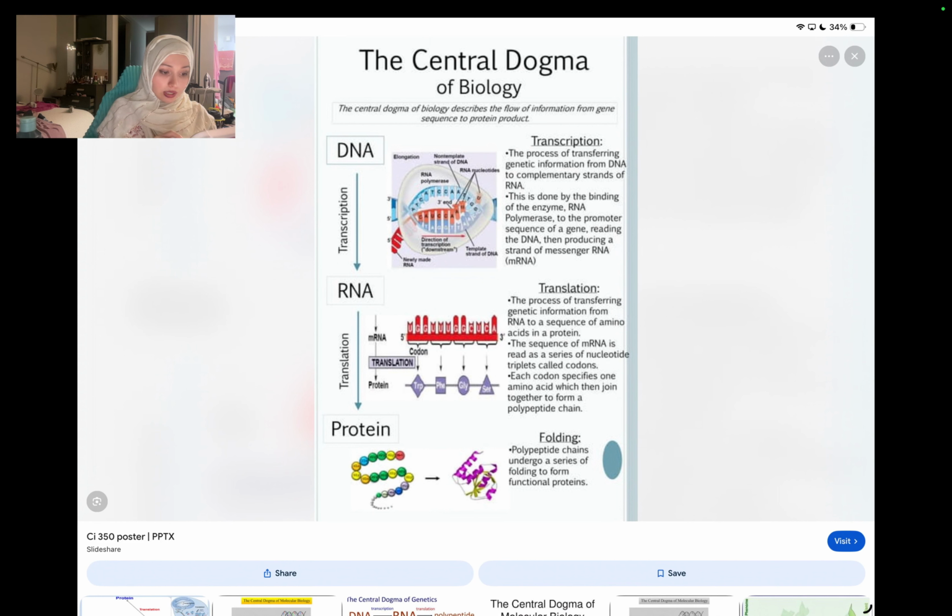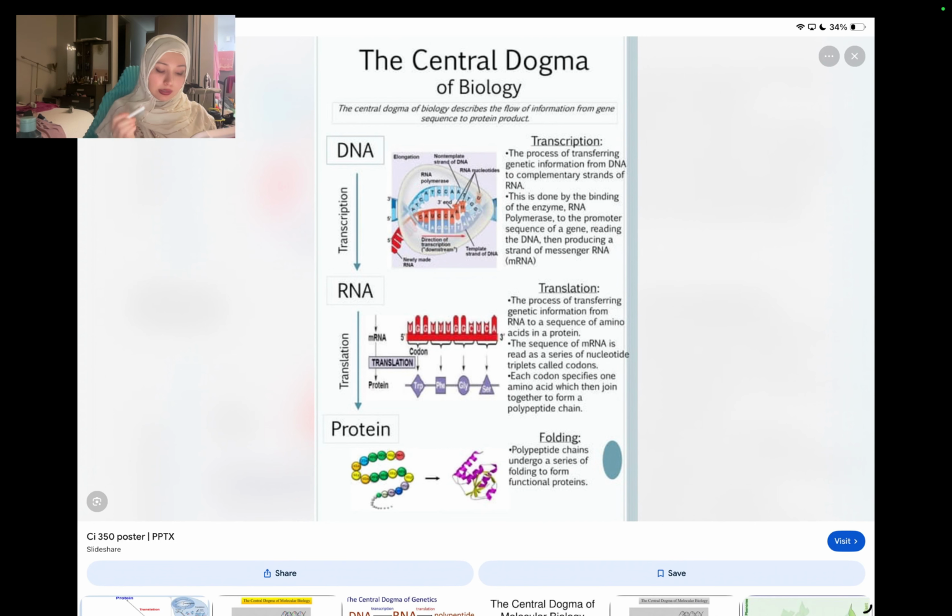As we've discussed, the start codon codes for methionine. There are different codes, but not every lecturer wants you to memorize each codon. And translation is the process of transferring genetic information from RNA to a sequence of amino acids in a protein. The sequence of mRNA is read as a series of nucleotide triplets called codons, and each codon specifies one amino acid. So when we translate, this language is translated basically to protein language.